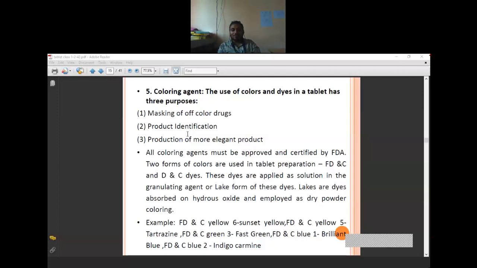And we feel like we are just drinking some orange juice, is it not? Yes, sir. But it is not orange juice. It is only food color. That is the main use of coloring.